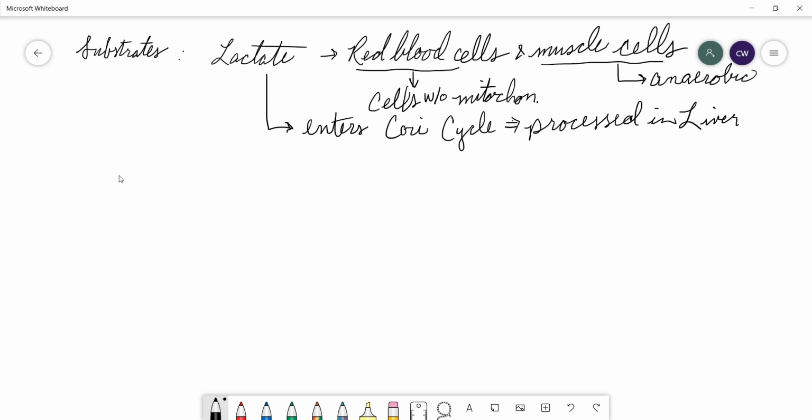Glycerol is another substrate for these reactions. And these are derived from the triacylglycerols, which are present in the adipose tissue.